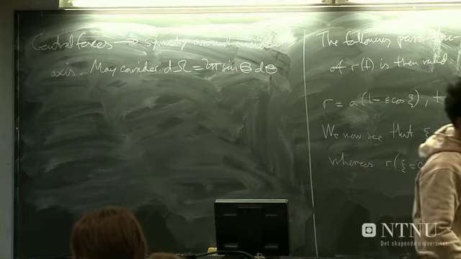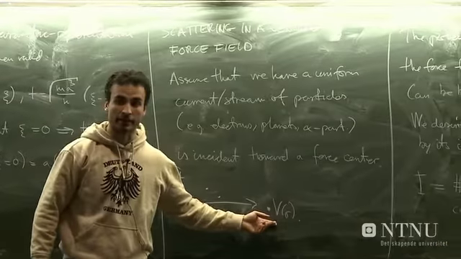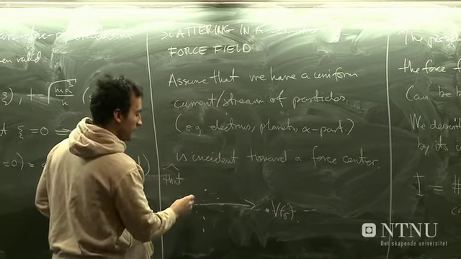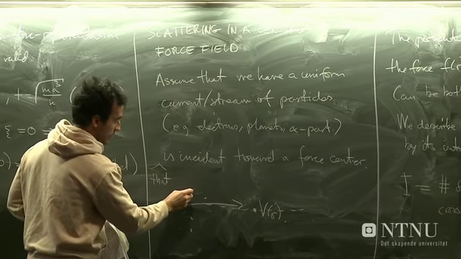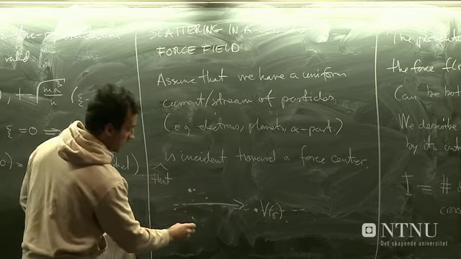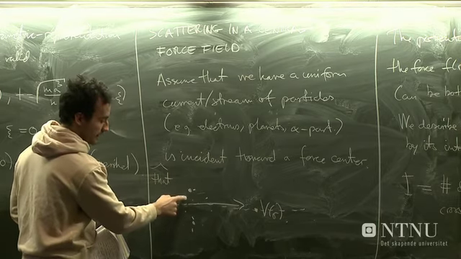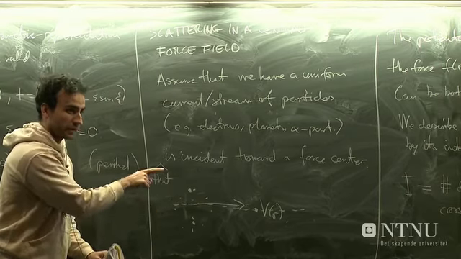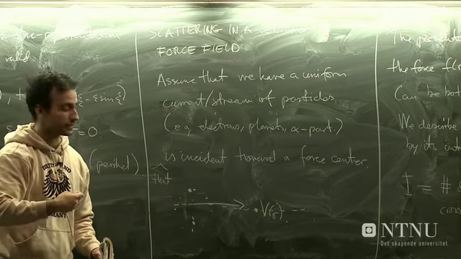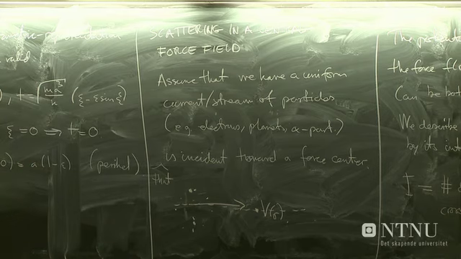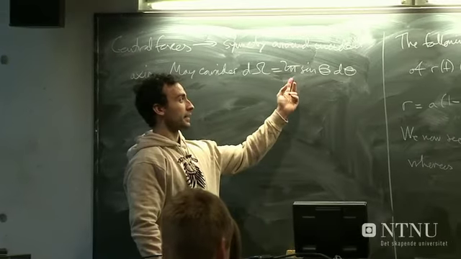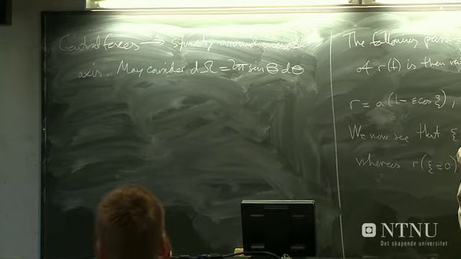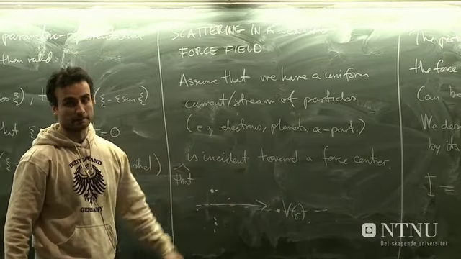Which essentially means that since this potential depends only on the radius, if you define this line here, a particle incident here will experience exactly the same potential as a particle incident here if this distance is the same. So we have this circular symmetry around the axis of incidence. So it means that we can just integrate the phi dependence and obtain 2 pi. So that the only thing which matters is at which angle they approach the potential.